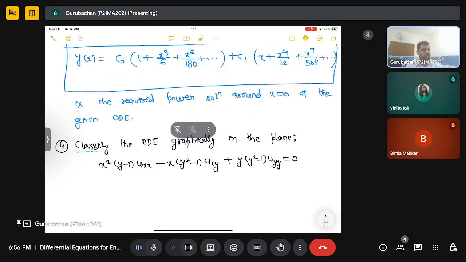This is your given second order PDE, so we need to classify its type, whether it is hyperbolic, parabolic, or elliptic. Try first, do your calculation on your own, then we will discuss.